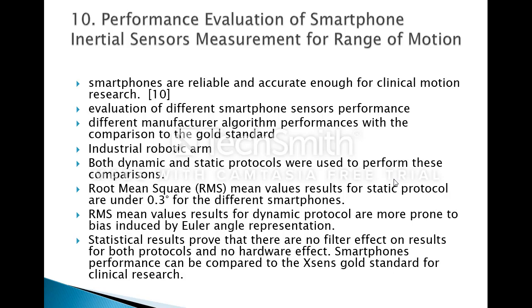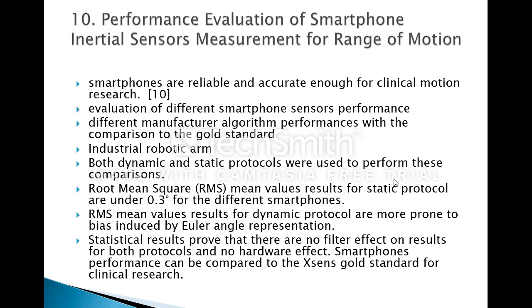Evaluation of different smartphone sensors' performance was measured, and different algorithms were compared to the gold standard. They used it on an industrial robotic arm. The dynamic and static protocols were used to perform these comparisons.